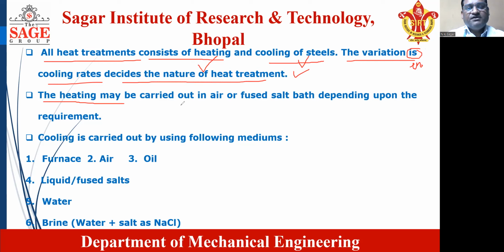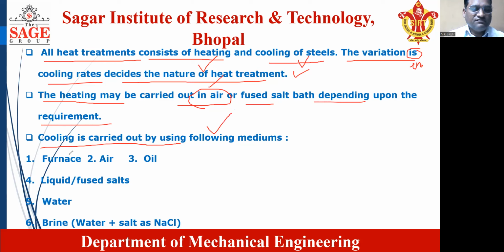The heating may be carried out in air. After adding heat, the material can be cooled in the air, or it can be dipped in the fused salts, depending upon the requirement. According to the requirement, the cooling medium is selected for the cooling of the material up to the room temperature. The cooling is carried out by using the following mediums.